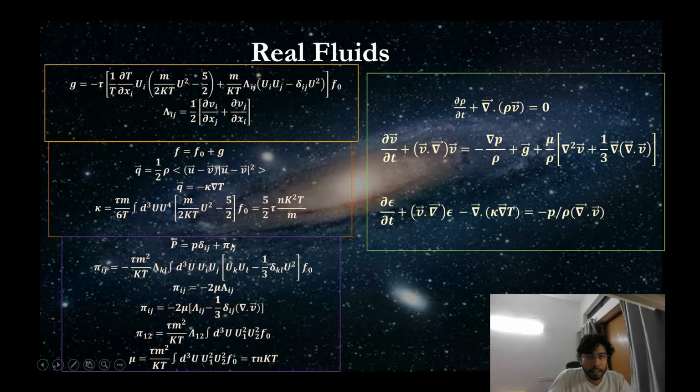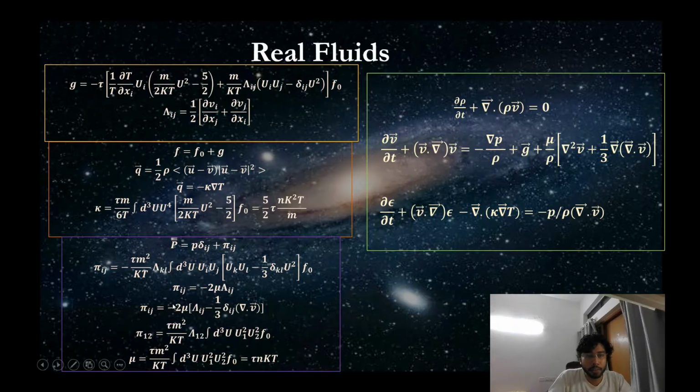Now, as I said, this pi_ij is a 3 by 3 matrix, but its diagonal terms should be 0, because the diagonal terms are already considered in the first part of the pressure tensor, P delta_ij. If the diagonal terms have to be 0, that means the trace has to be 0. We know that the trace of lambda_ij is not 0, because if you take the trace it becomes the divergence of V, which is a non-zero quantity.